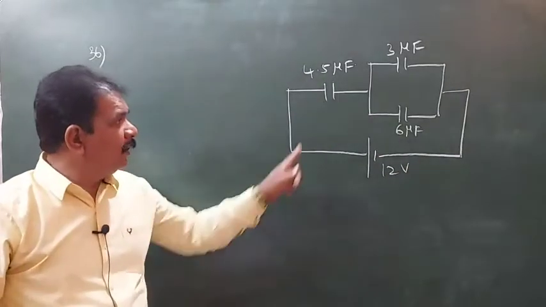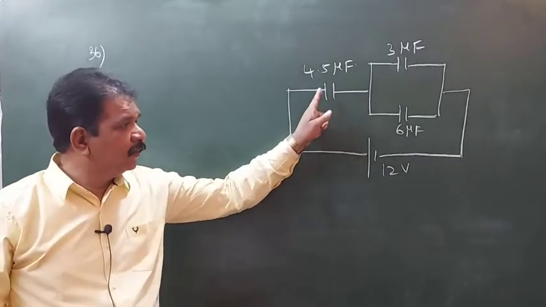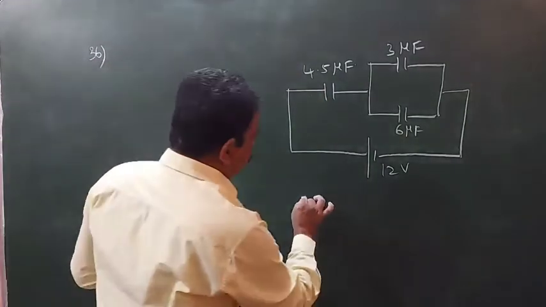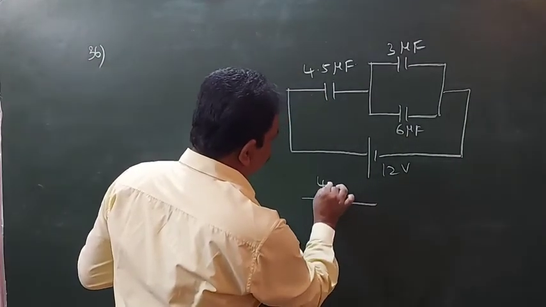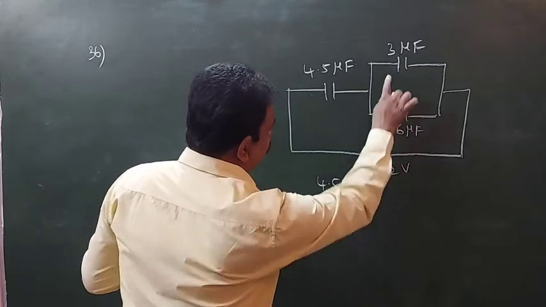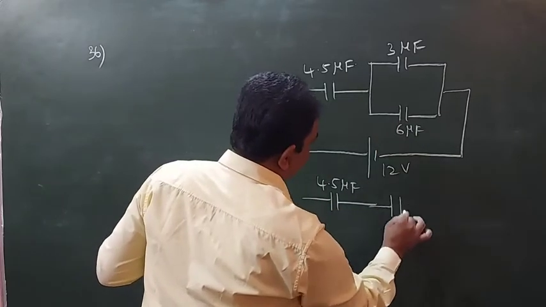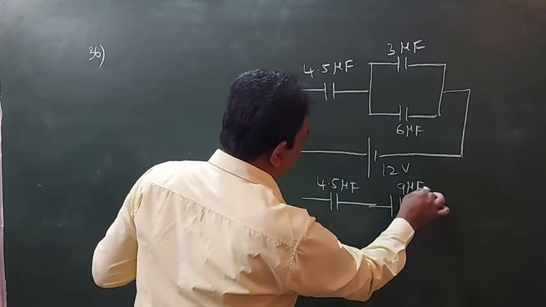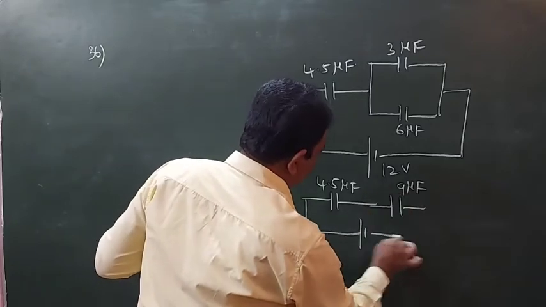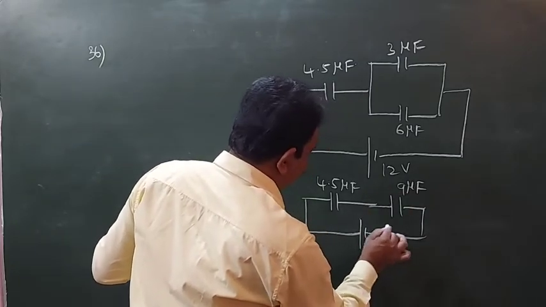Then find the PD across this. Simple only. This is 4.5. These two are in series and then parallel, so 9 microfarad, with 12 volt here.